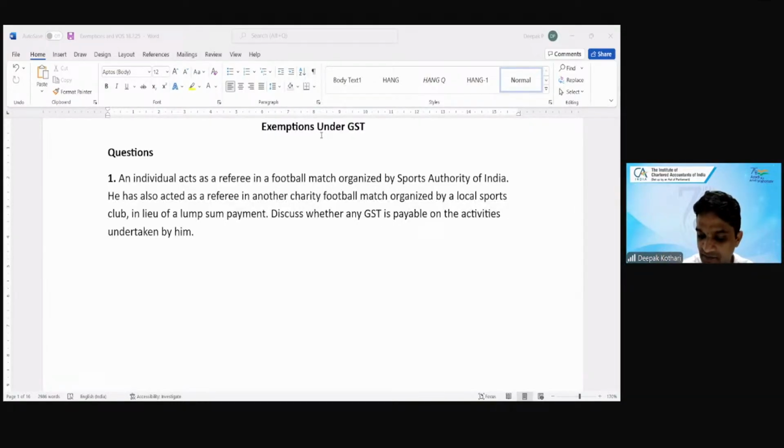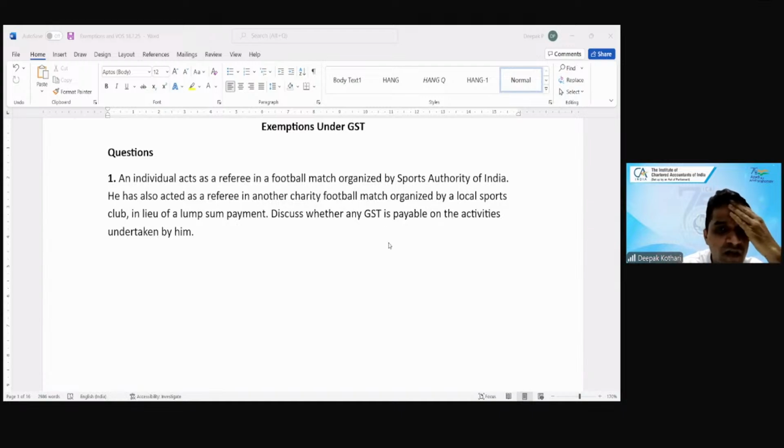Why will it be taxable? Taxable. Miss Ram Dulari also.